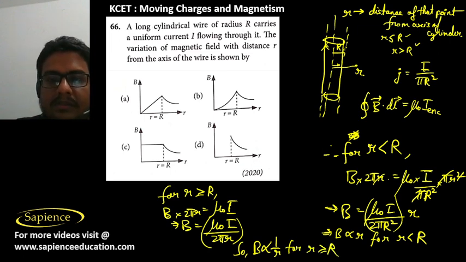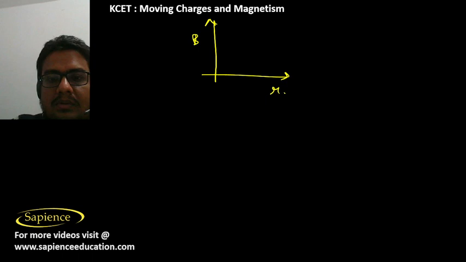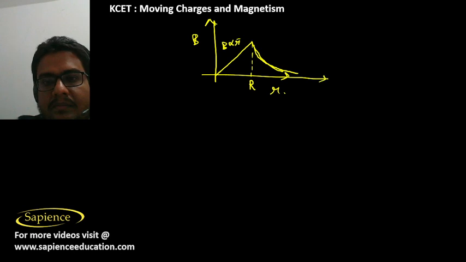So the graph first will be a straight line. So B versus r graph, if you want to draw: for r less than R, it is a straight line, since B is proportional to r, and till R it is like that, and then after that it is inversely proportional. So it is curved like this. So this part is inversely proportional to r.